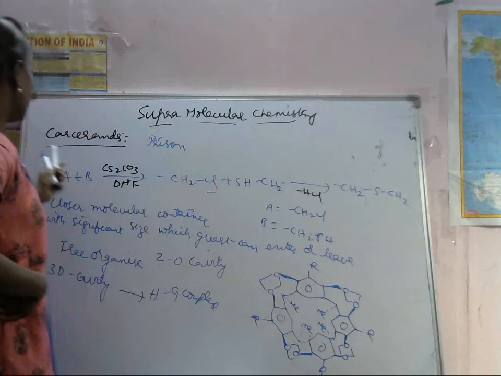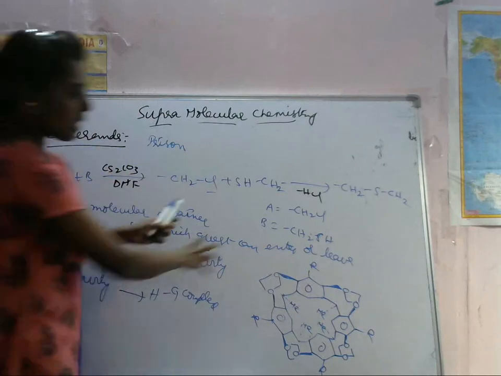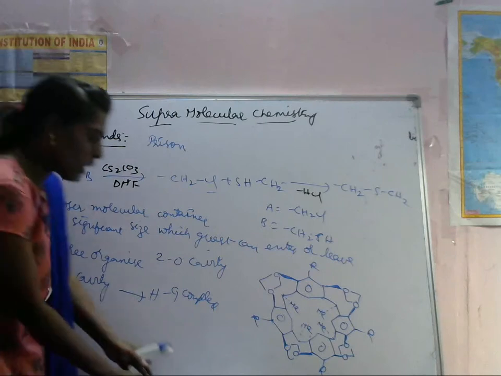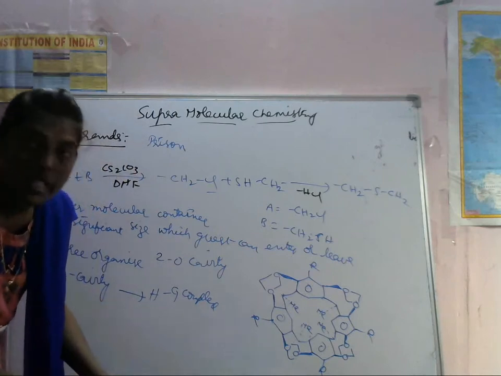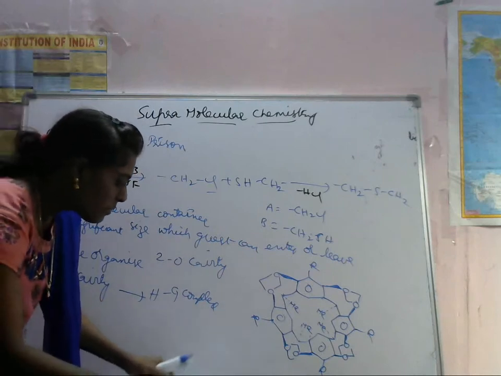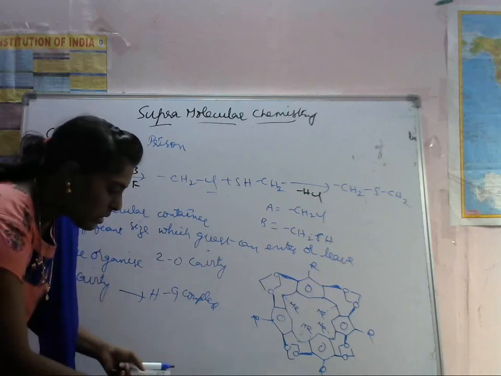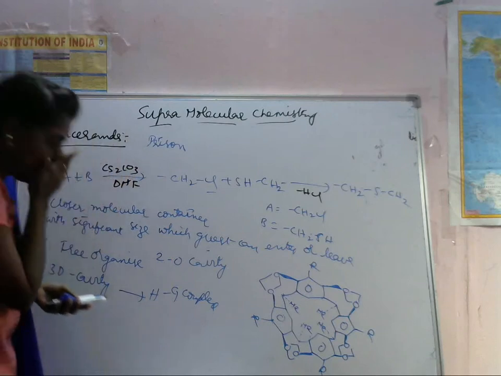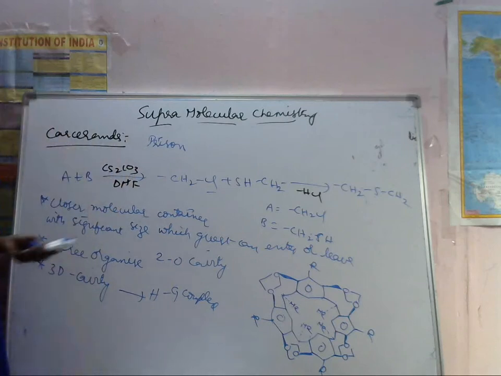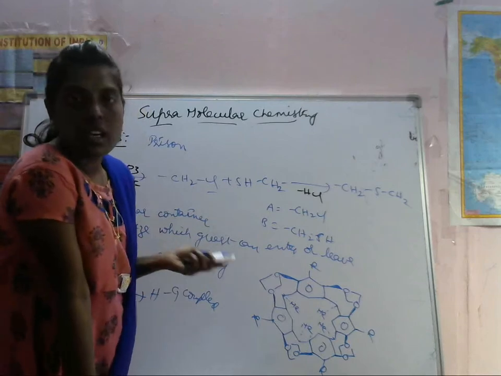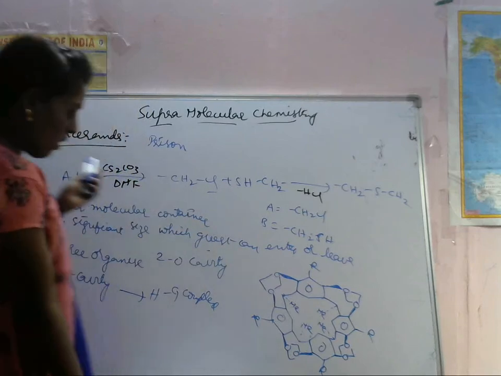This looks like a prism, and a 3D cavity will be present. It is used as a potential in biological systems. Carcerands react with guest species and form host and guest complexes.